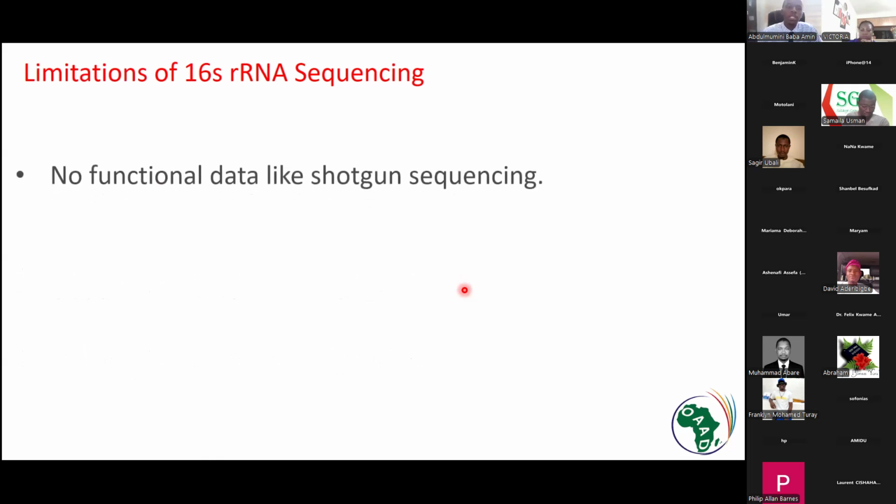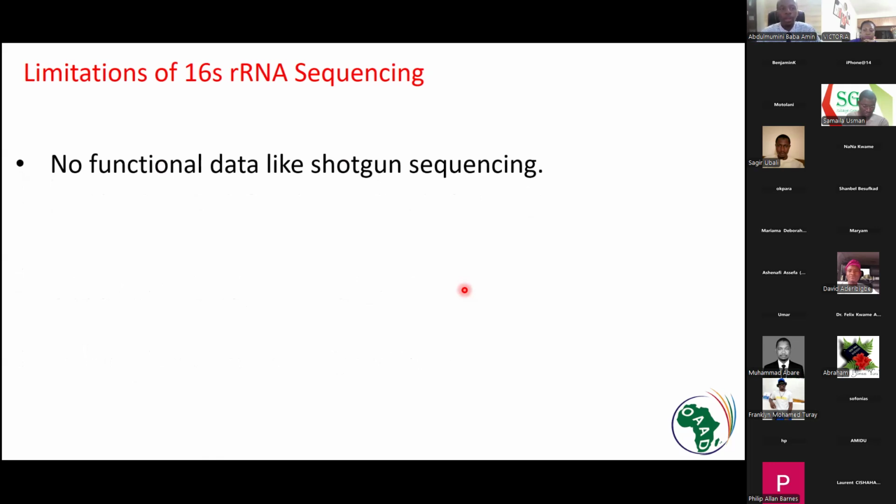The limitations of 16S RNA sequencing: it doesn't give functional data like shotgun sequencing. However, nowadays with functional prediction software like Tax4Fun2, you can predict functions from 16S RNA.